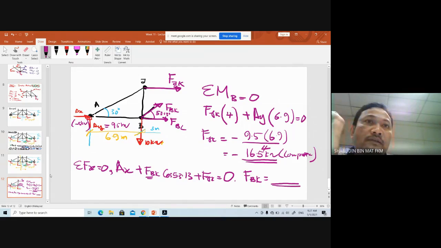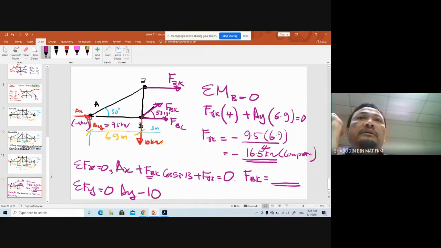So you have summation of force in Y is equal to 0. You have AY minus 10 plus this is FBK. What else that we don't know yet?